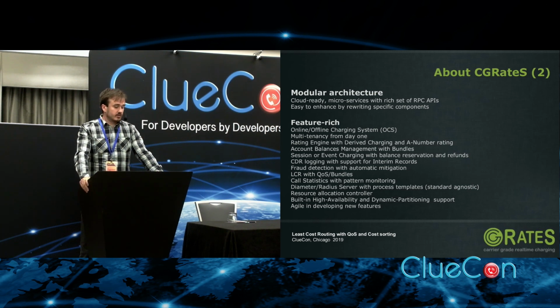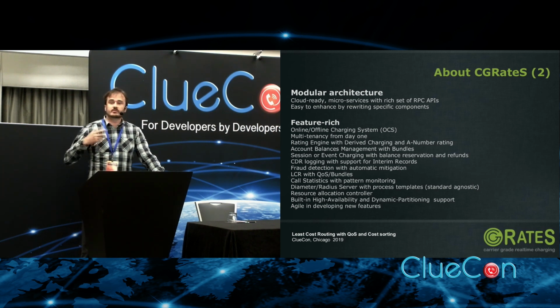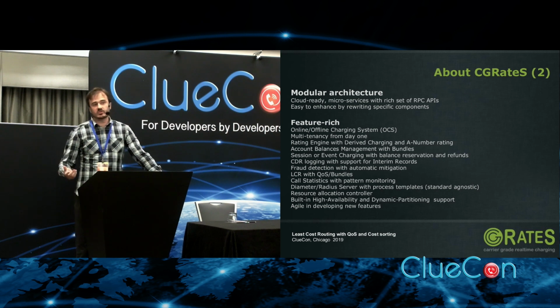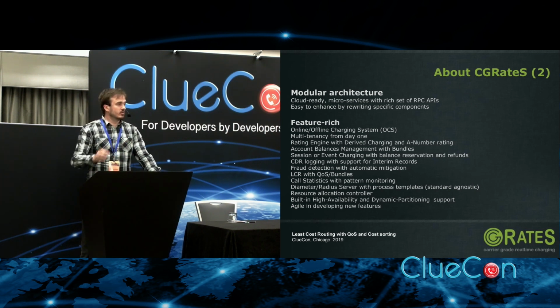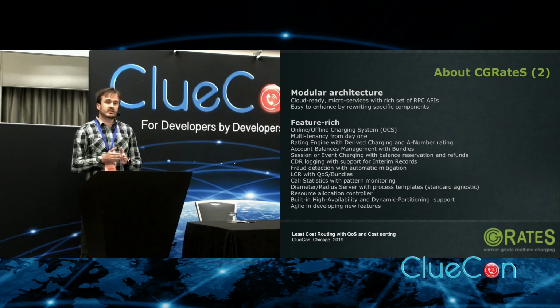Since it's a suite, we have many subsystems, which can serve as individual daemons. If you want to enhance any of these components, you can just rewrite it in your own language, or with your own functionality, and just make sure that you follow the APIs which we expose between the components.